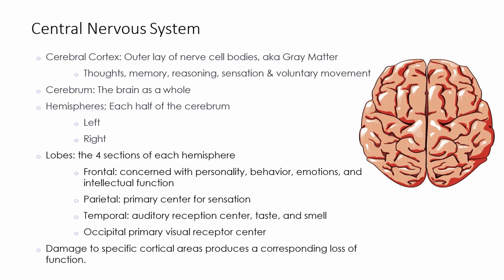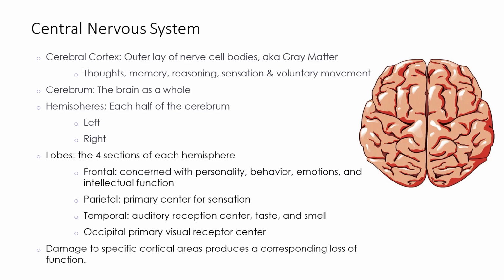The frontal lobe is where personality, behavior, emotions, and intellectual functions reside. The parietal is the center for sensation, so this is where we can feel someone touch us. The temporal is the auditory reception center, where we also have our taste and our smell.